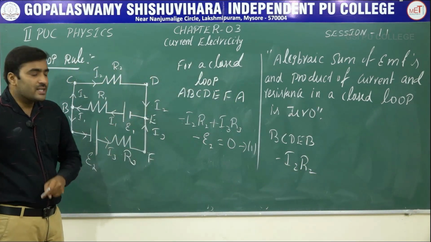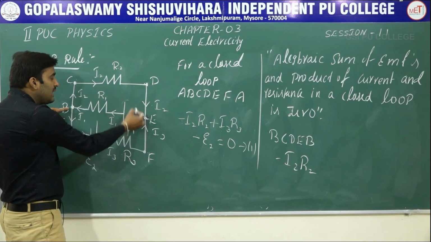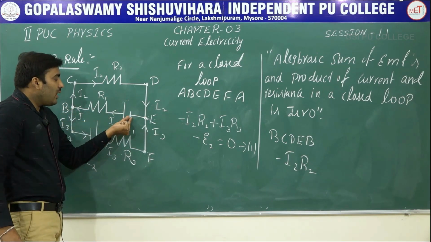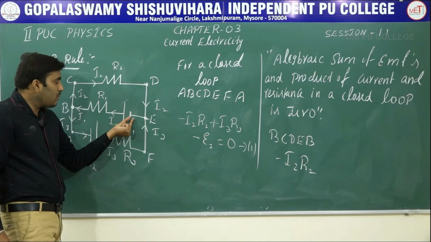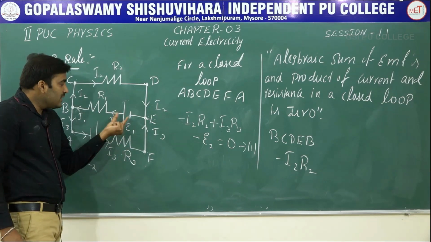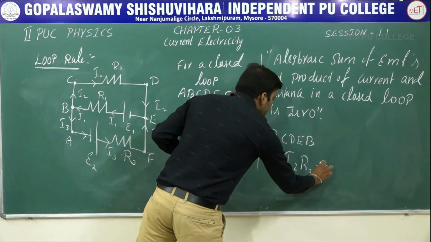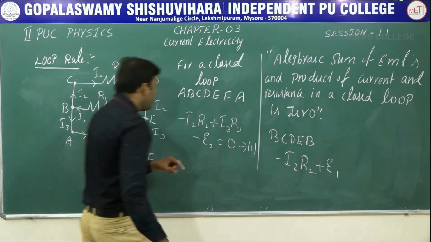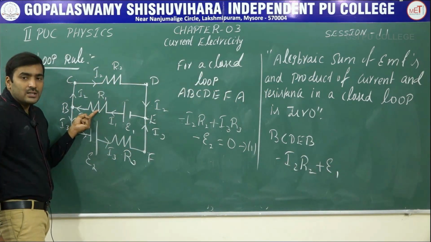D to E, no resistors. Now from E to B, we have a cell here, and we are moving from negative potential to positive potential. So in this case, EMF is considered positive. Therefore, this is plus E1. Next, here we have a resistor.